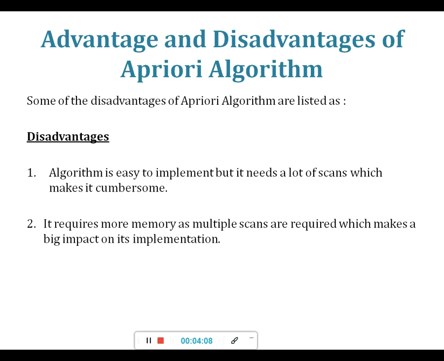Then the next disadvantage is that we require more memory as multiple scans are required. We take multiple scans to check whether items satisfy the minimum support count, and after that we check whether their subsets are frequent or not. So multiple scans are required, performed in a loop, and as we are doing it in a looping structure, it requires much memory, and that will definitely make a big impact on our implementation.